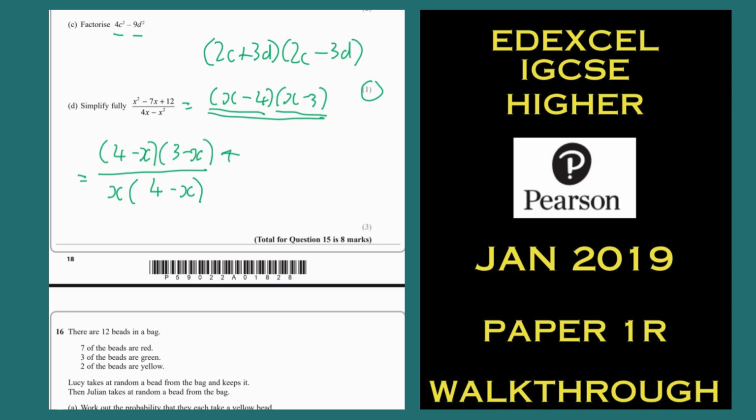And so essentially what's happened is I've taken out 2 minuses, which is why they're the same thing. And if you expand the brackets, you still actually get x squared minus 7x plus 12. But now they cancel and you get the correct answer of 3 minus x over x instead of having a potential of x minus 3 on top, which isn't correct.